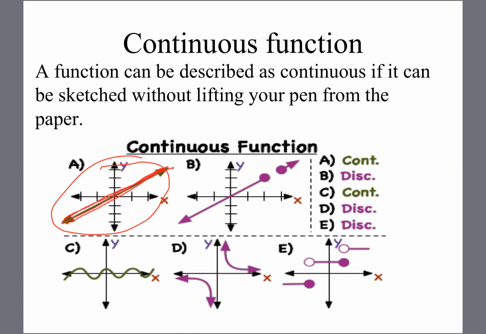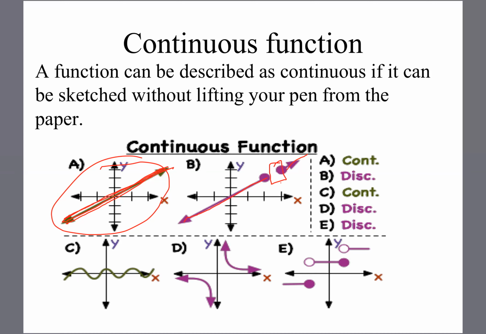So this is a continuous function. But look at the B graph. B also shows another function, but when we draw this one and you stop and start again here, that means there is a space in the middle. That means this is not a continuous function. Therefore we can say it is a discontinuous function.